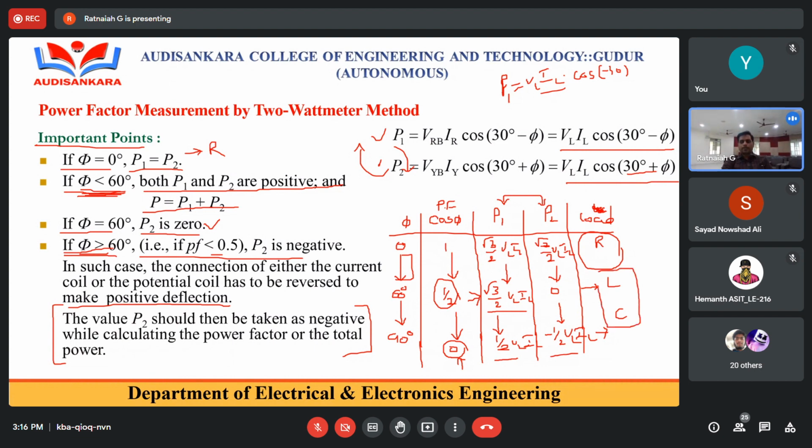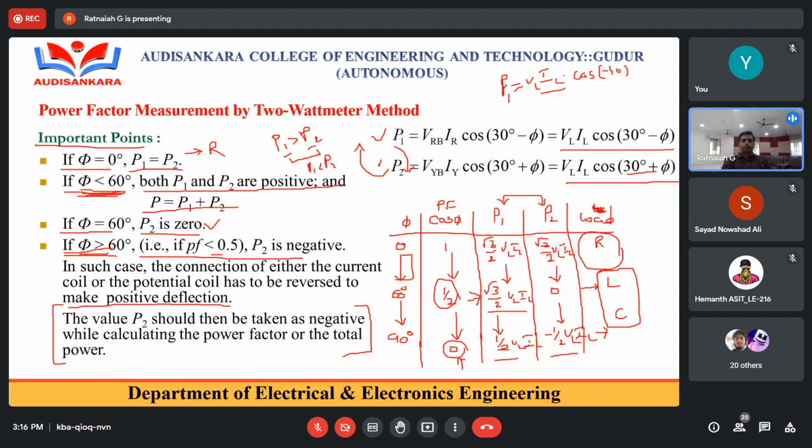That always depends upon the readings of the wattmeters, P1 and P2. If P1 is greater than P2, that means if one wattmeter reading is more compared to the other, we can say this is an inductive load. If P1 is less than P2, then we have a capacitive load. That means we are assuming P1, P2 like this only.